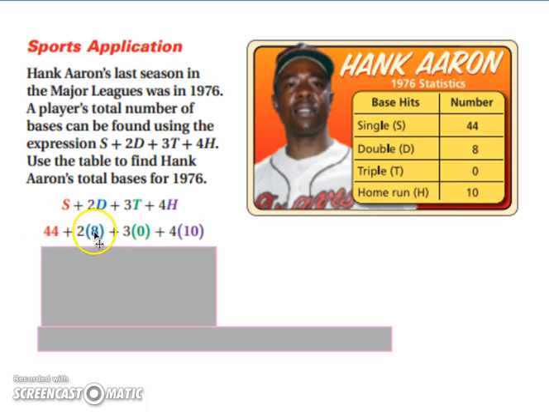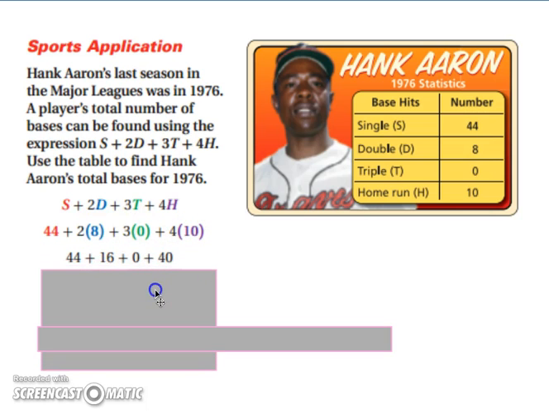Yes, we have 2 times 8, 3 times 0, and 4 times 10. So we have 16, 0, and 40. And now we have no more multiplication or division. But we do have addition or subtraction. In this case, it's addition. So we can simply add as we go across.